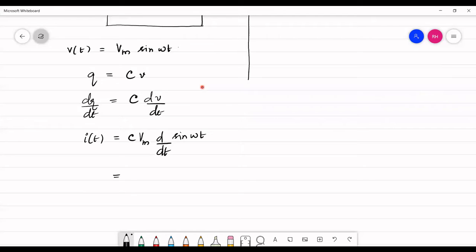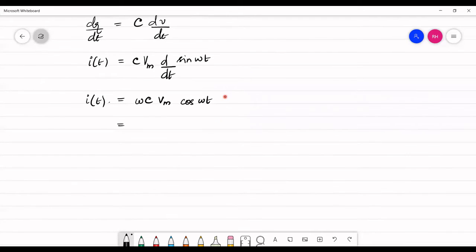And after differentiation, we have omega C Vm, and differentiation of sine is cos omega t, and the expression is further written, in order to simplify, as the amplitude of current Im is equal to omega C into Vm.